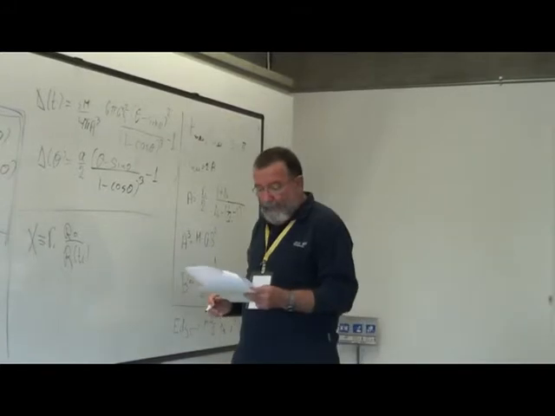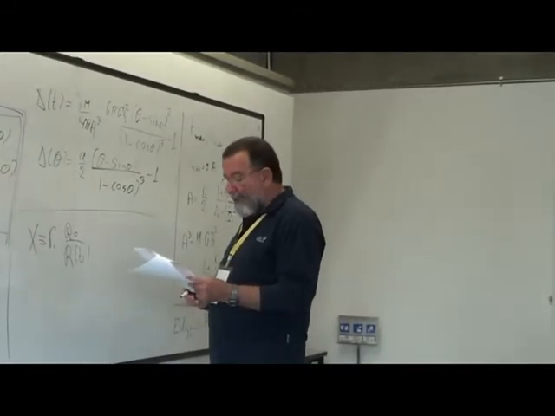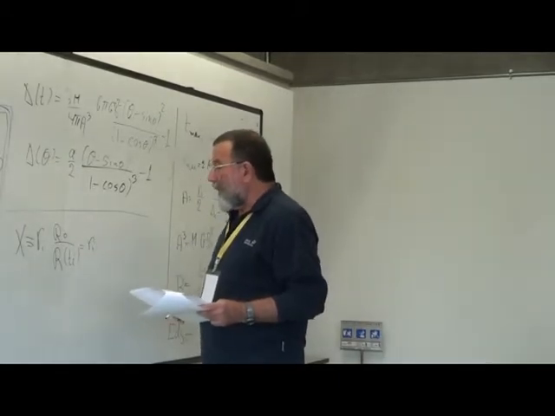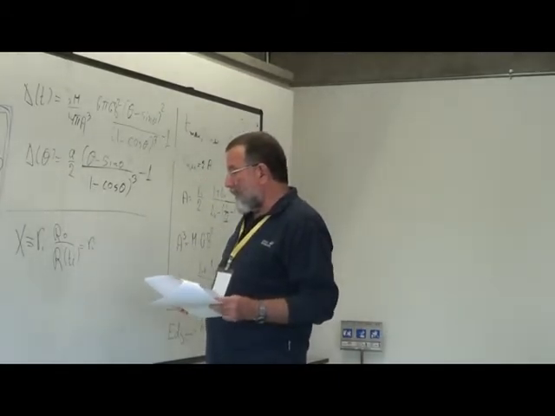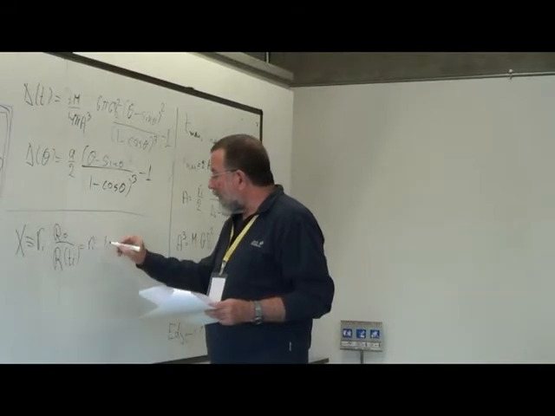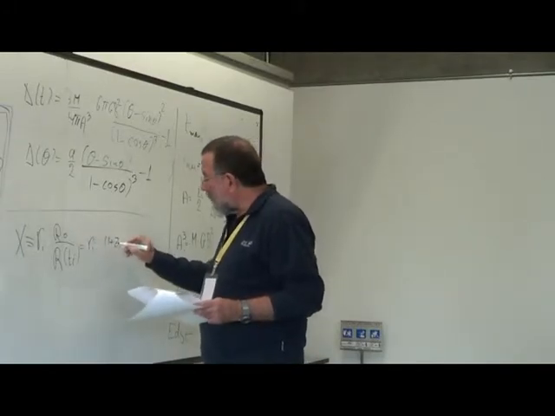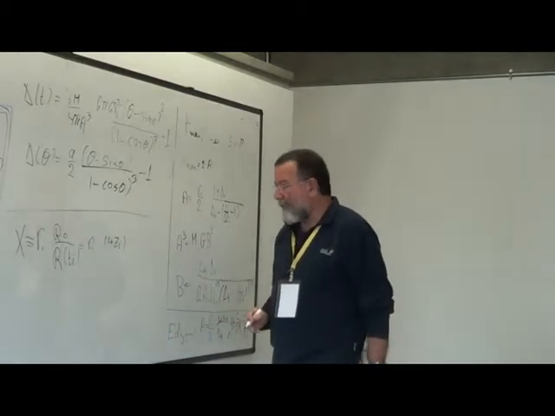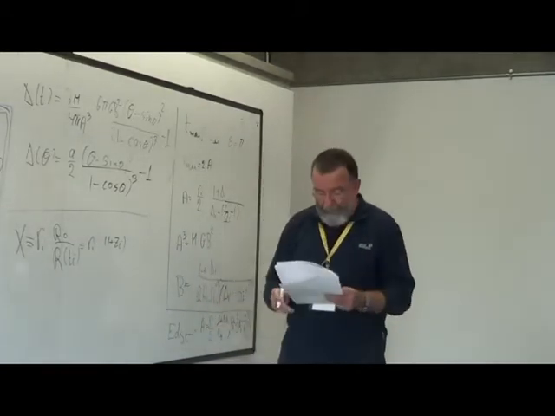So this quantity actually is nothing more than Ri times 1 plus Vi. Right, okay?